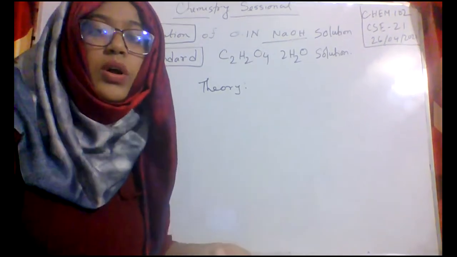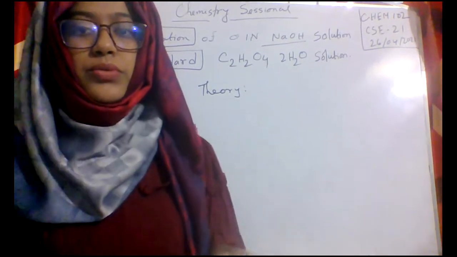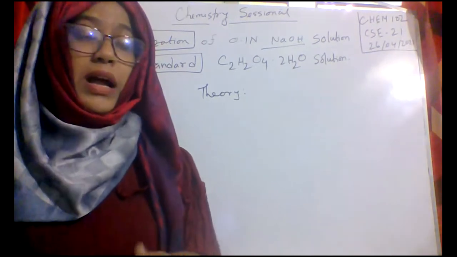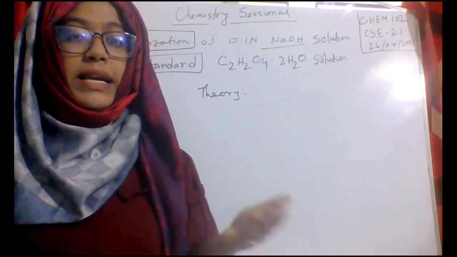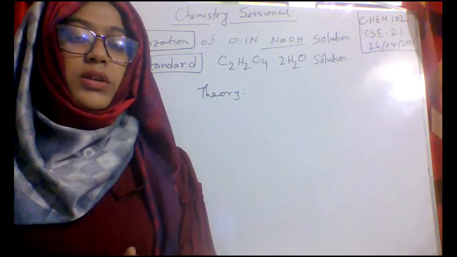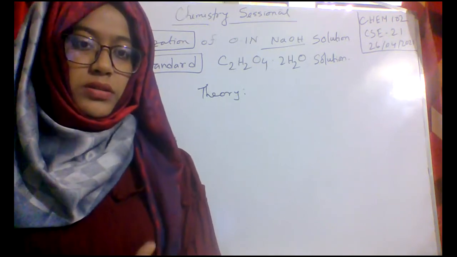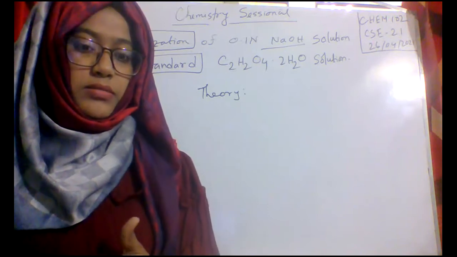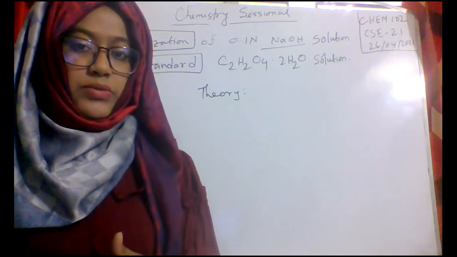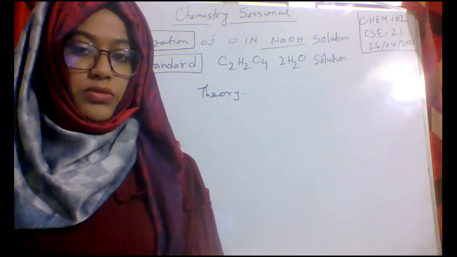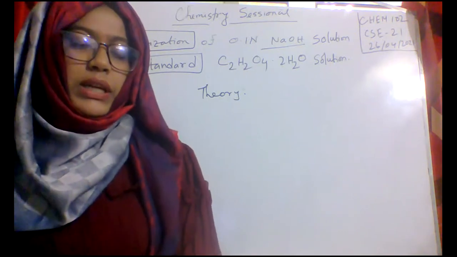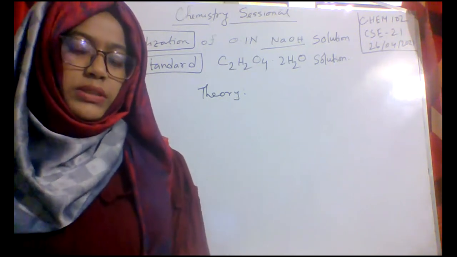You have to know on which process the acid-base titration occurs. I think all of you know this because it was included in your previous course, the intermediate course. So you know the theoretical knowledge, but I will just recall it.